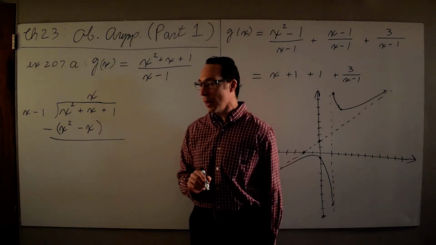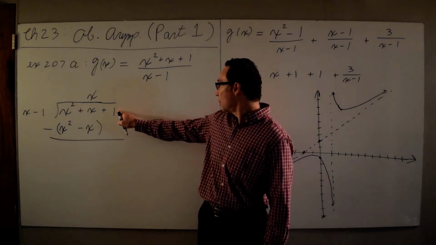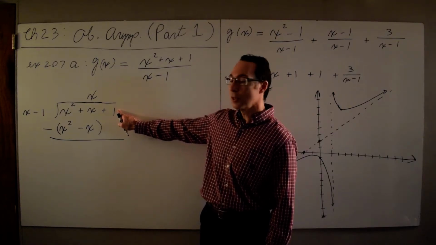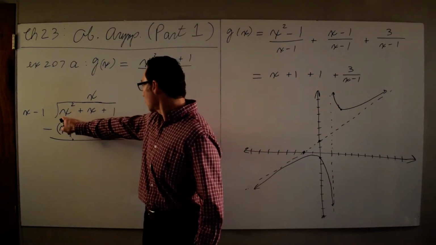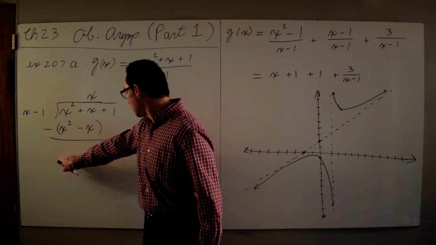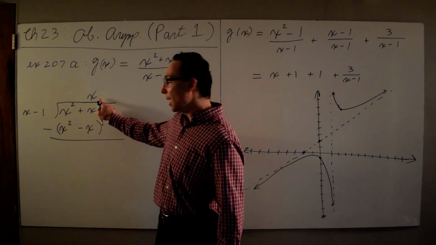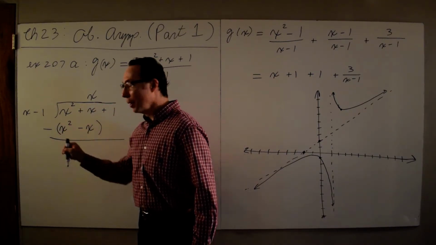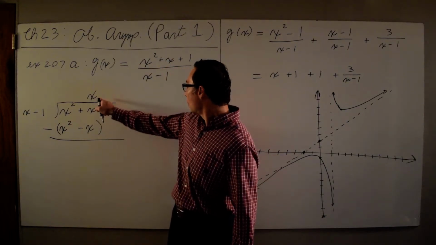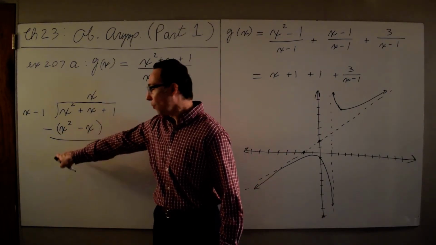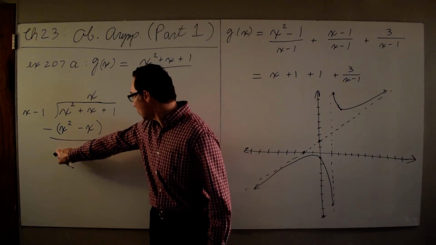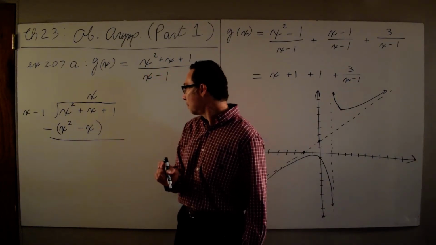So we subtract the x squared minus x term from this polynomial x squared plus x plus 1. X squared minus x squared is 0. That's why we chose this x. If this is not 0, we've made a mistake somewhere, either with our multiplication or our subtraction. But this first difference should be 0.